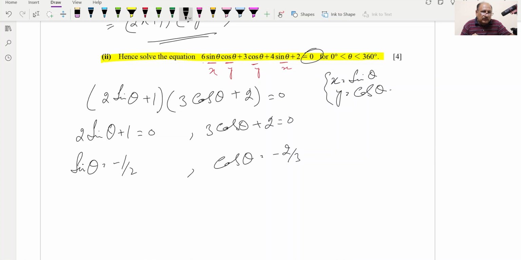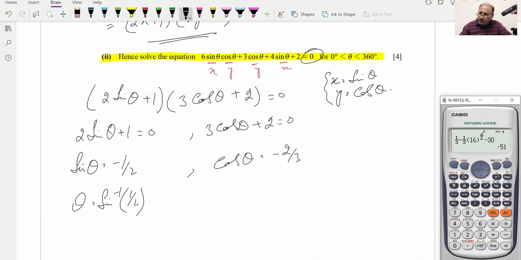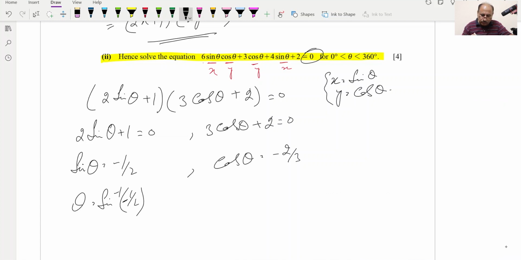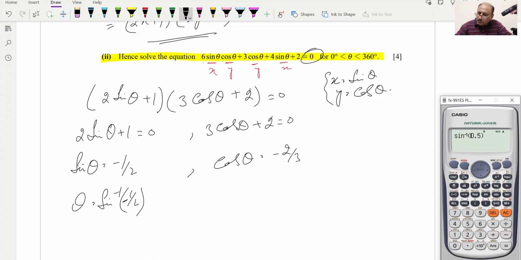Now for this one we can write theta is equal to sine inverse of 1 by 2. So shift sine of 0.5 will be equal to 30. So theta will be equal to 30. Basically we have to take minus 1 by 2, so if we take minus 1 by 2, this will be equal to minus 30.